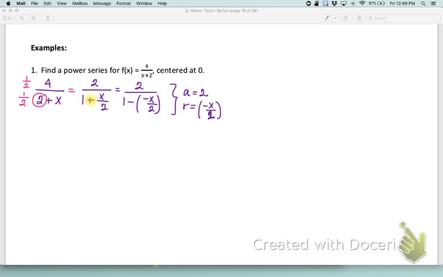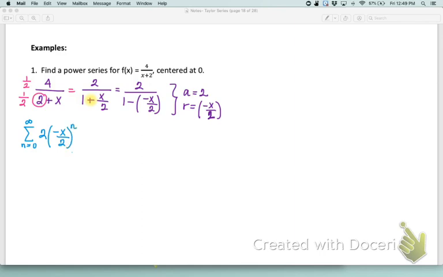So that takes us then to our power series. We want to set this up from n going from 0 to infinity for our summation. We need a times r to the n. So that's going to be 2 times negative x over 2 to the nth power.